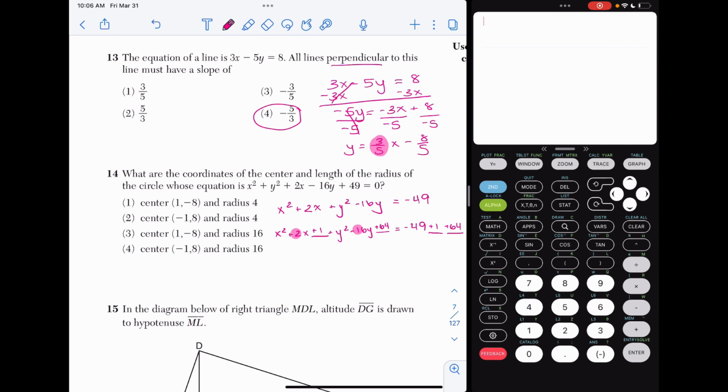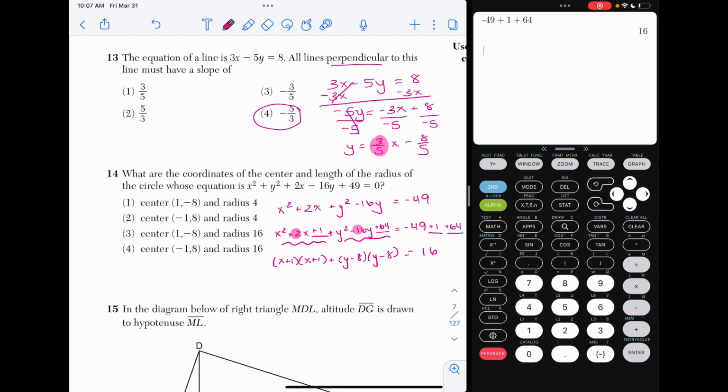All right, now look at the first 3 terms and factor. So I get x plus 1, x plus 1. Look at the next 3 terms. And let's factor y minus 8, y minus 8. And over on the right-hand side, I'm doing -49 plus 1 plus 64, and I get 16.